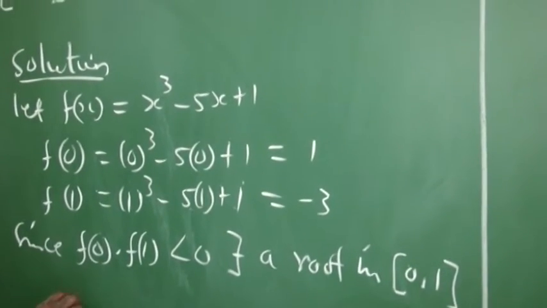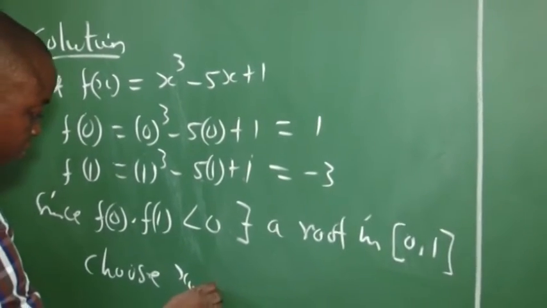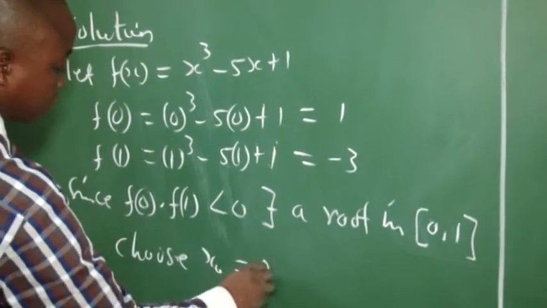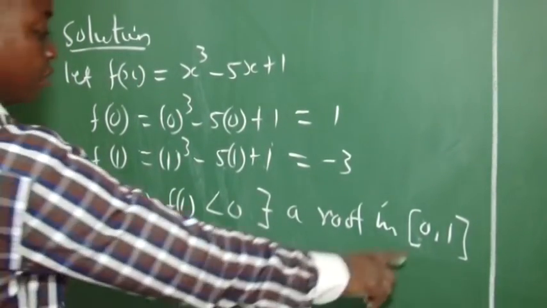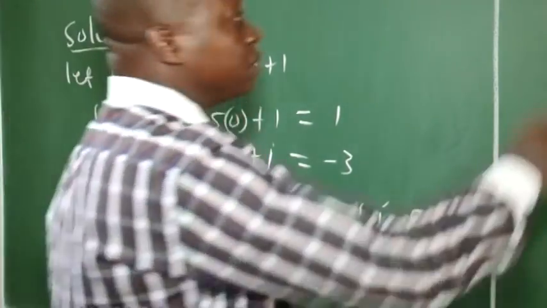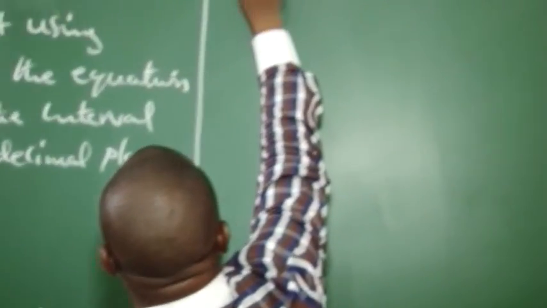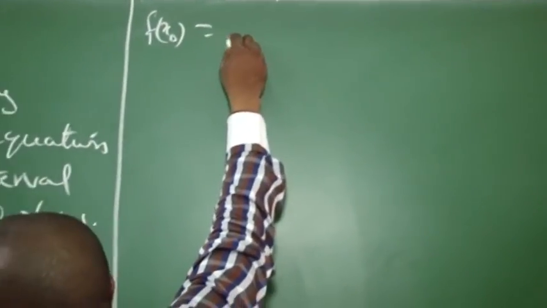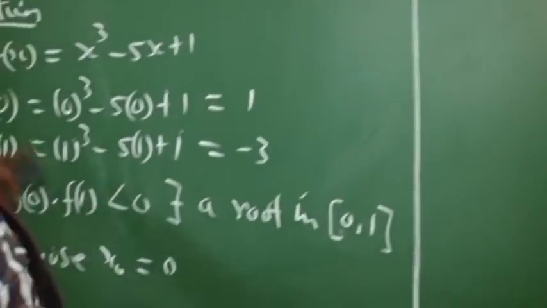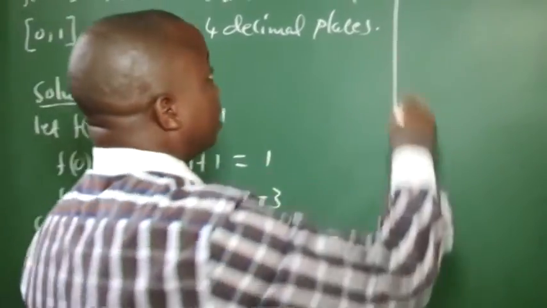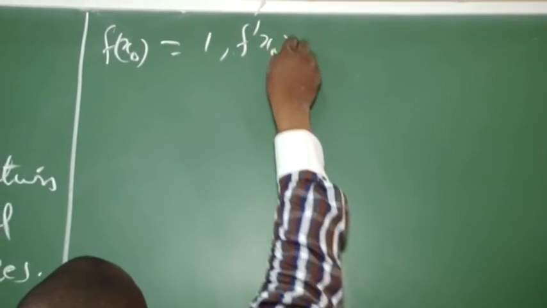Okay, so let us choose the starting point. Choose x0 equal 0. We are going to start on the point 0 to iterate. Now we will find f of 0. F of x0 equal 1. Now, another one is, we can look for f prime of x0.